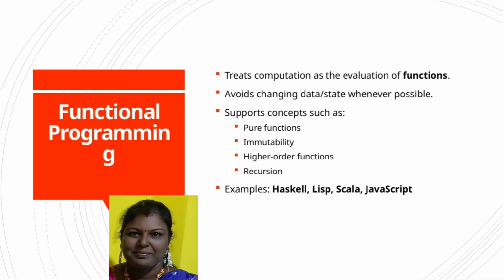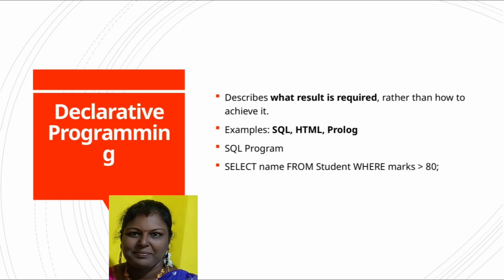Languages like Haskell, Lisp, Scala, and JavaScript all support these concepts. Declarative programming focuses on what result we want, not the steps to get there. Instead of telling the computer how to do something, we describe the desired outcome.